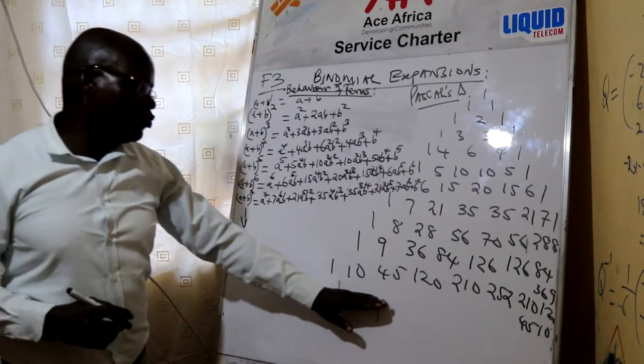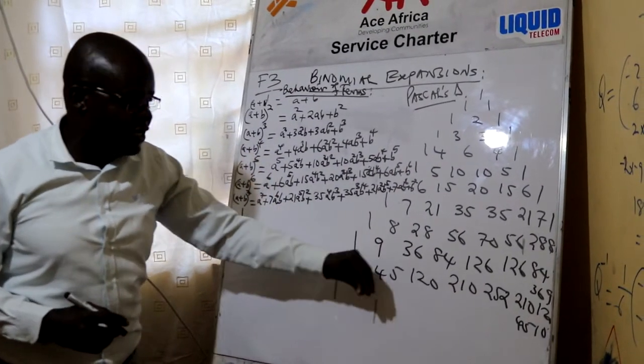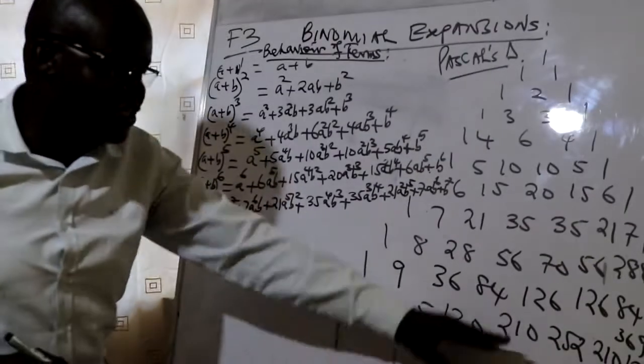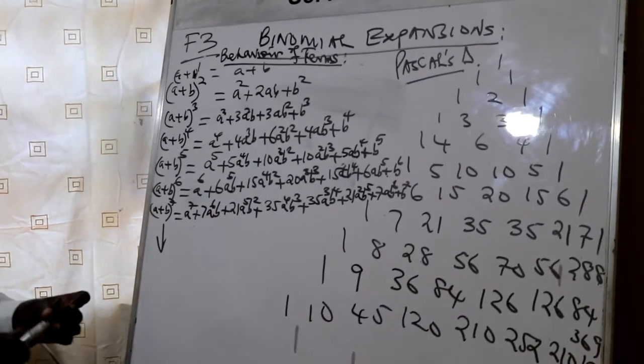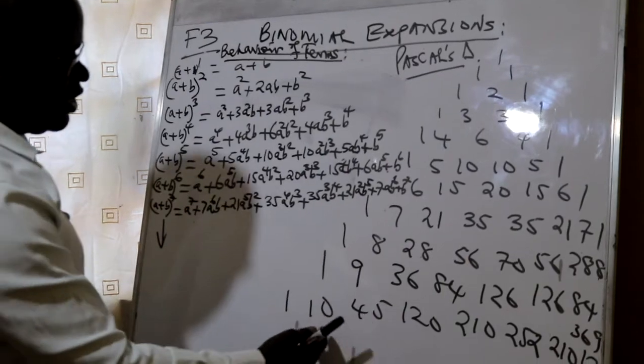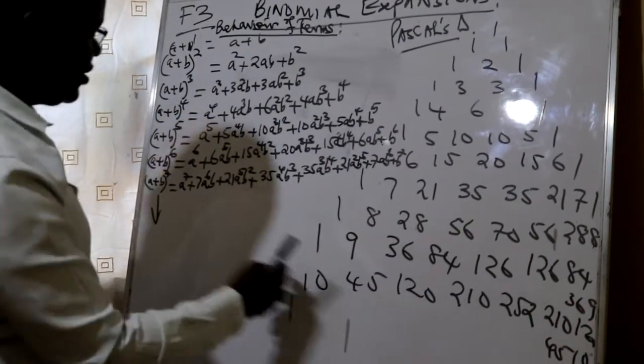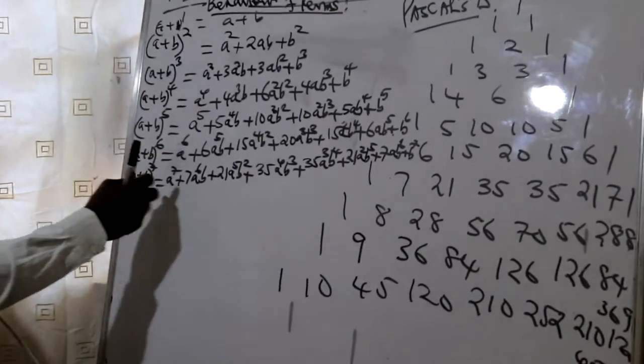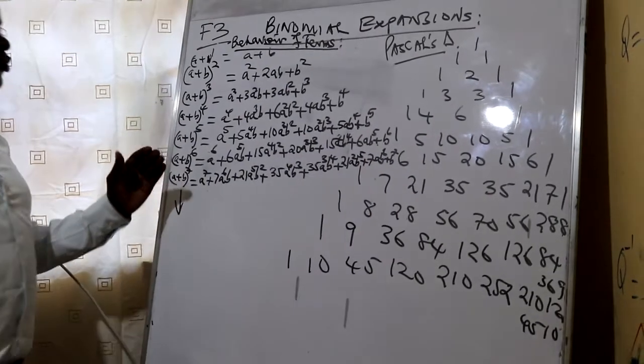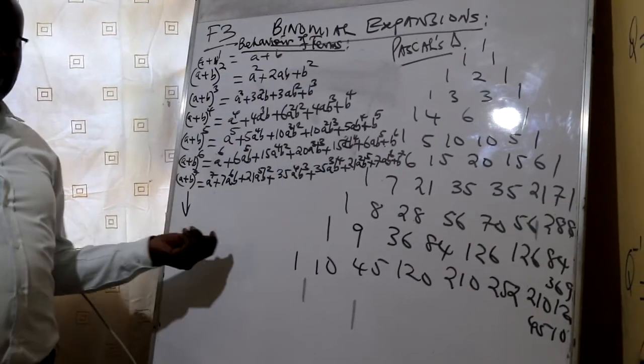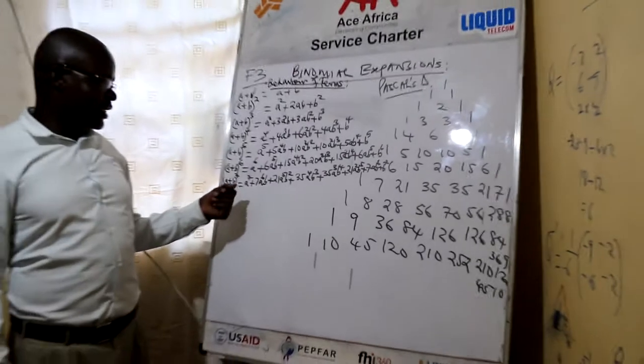They can't ask you to do this. This will be done at a higher level. Raised to 10, for instance. Your curriculum, your syllabus does not require that we do higher powers than even raised to 6. I've only put here so that you know how they are done.